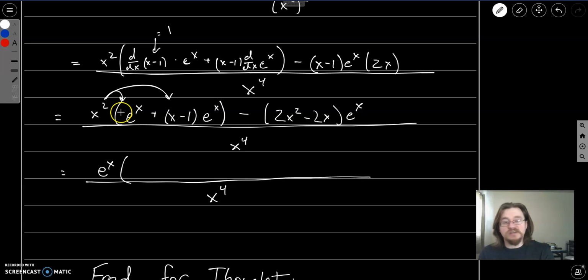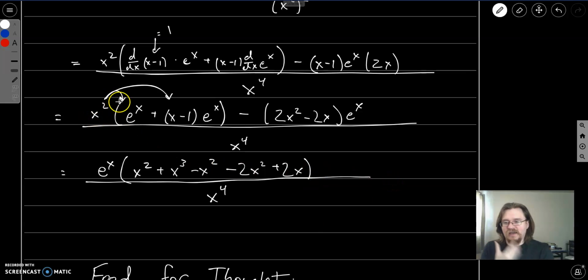So I have an x squared times x minus 1. So the x squared times the x, and then the x squared times the minus 1. And then we're going to subtract the 2x squared, and subtracting a negative is going to be plus 2x.